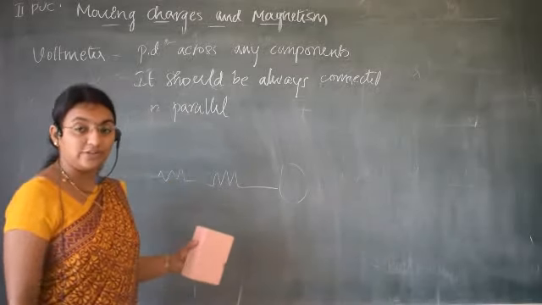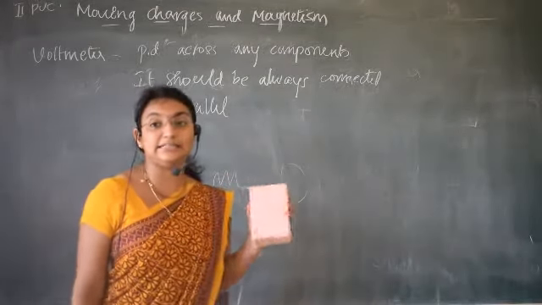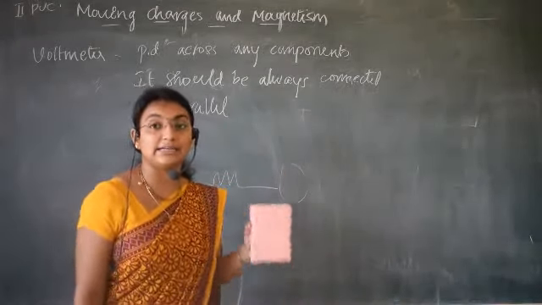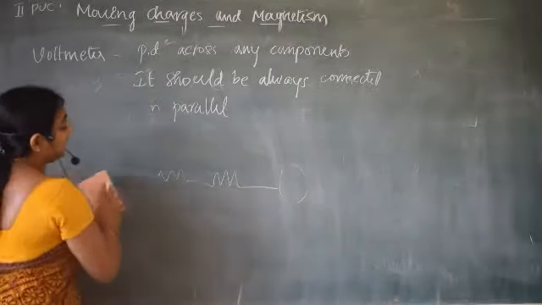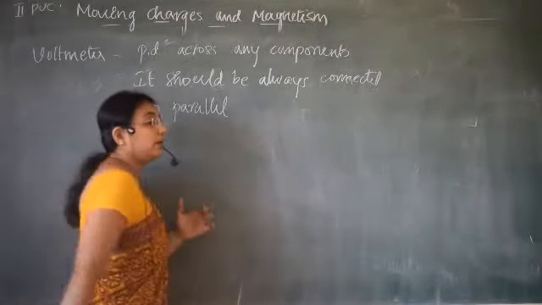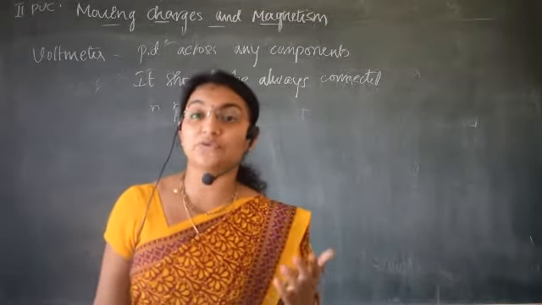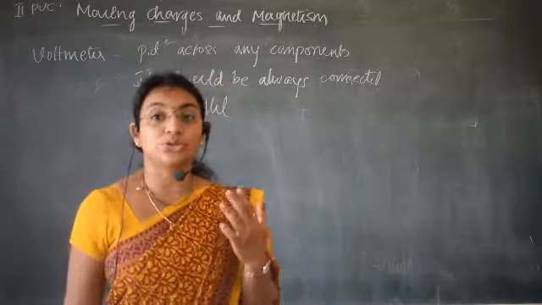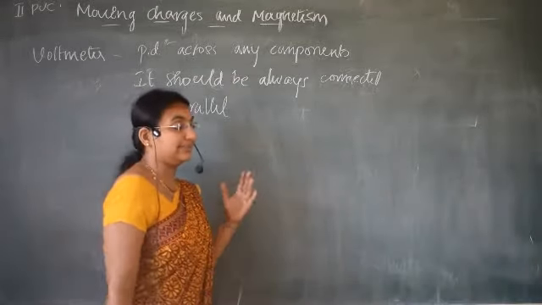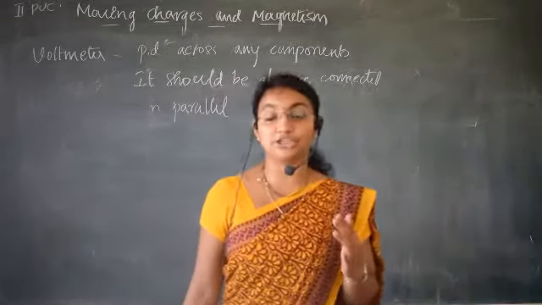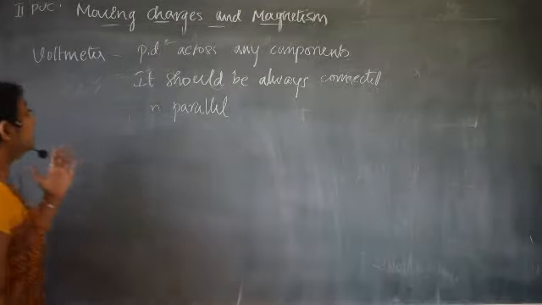Therefore the ammeter is always connected in series and the voltmeter in parallel. It's a very, very important point for your theory, for your practical, and also for the MCQs.